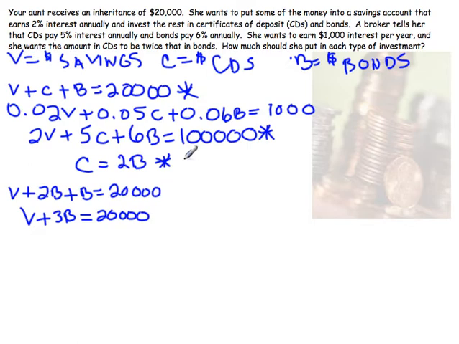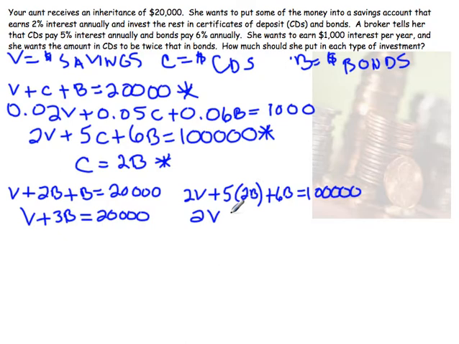Take the second one and replace: 2V plus 5 times 2B plus 6B equals the 100,000. To work this out, I would have 2V plus 10B plus 6B, which is 16B, equals the 100,000.